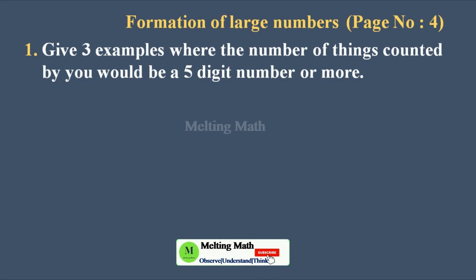Give 3 examples where the number of things counted by you would be a 5-digit number or more. Here they asked for examples of anything, but the thing should be counted by us as a 5-digit number or more. What is a 5-digit number here? We already know a 5-digit number means it comes under 10,000s.